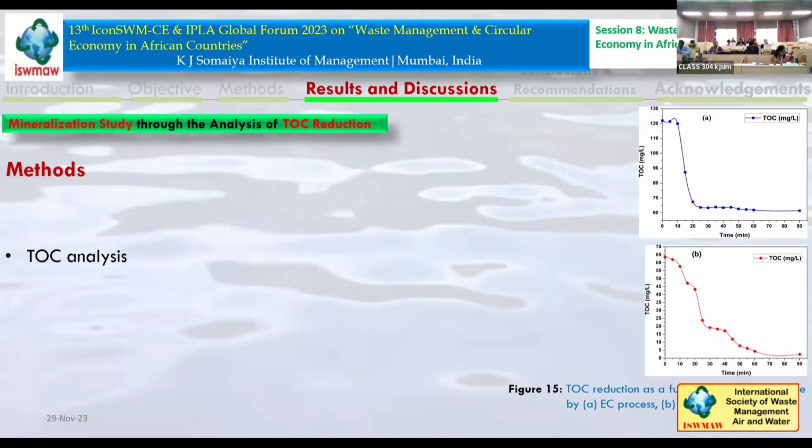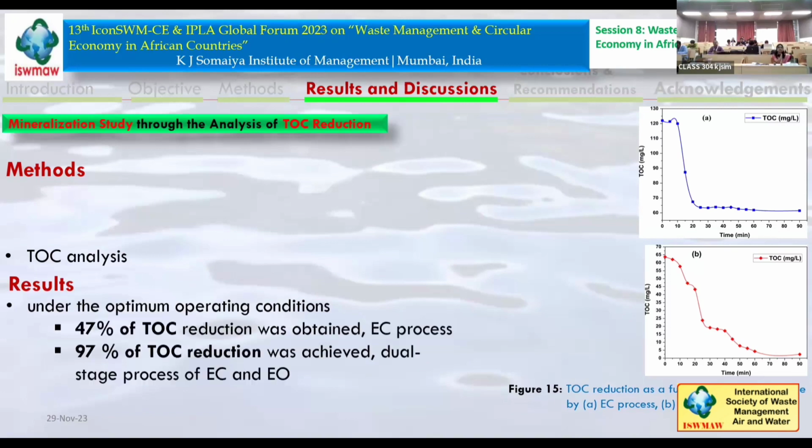For this purpose, we did the TOC analysis. Under the optimal operating conditions, we achieved only 47% TOC reduction using electrocoagulation as a separate technology. However, as a combined technology with the electrooxidation process, we achieved a maximum of 97%. Actually, at the end of my presentation, we will see we achieved 100%, but maybe this 97% could be due to the instrumental reading.